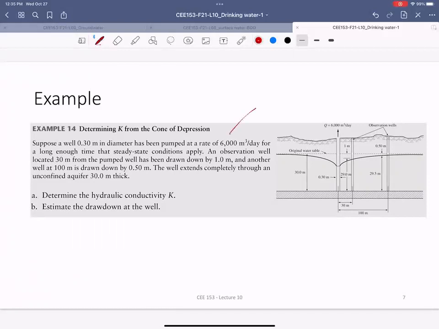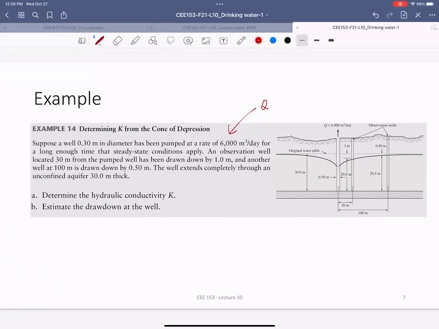So this is the flow rate. Every time you read a question, see what those terms mean. That way you can start writing those numbers. For a long enough time that the steady state condition applies. An observation well located 30 meters from the pumped well has been drawn down by 1 meter.